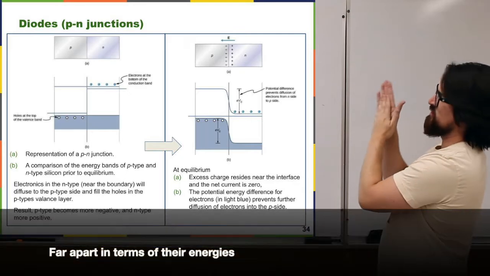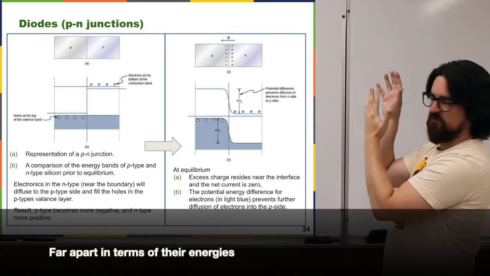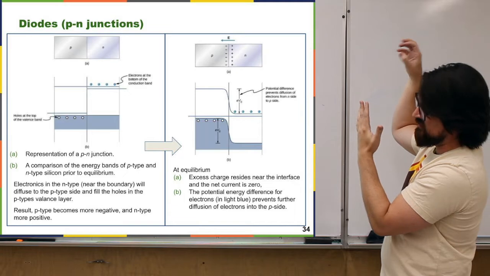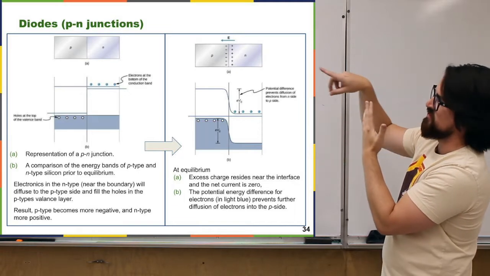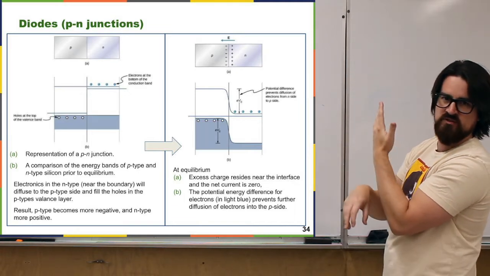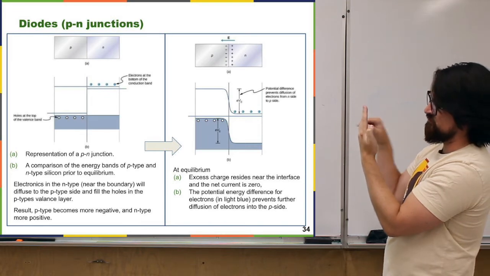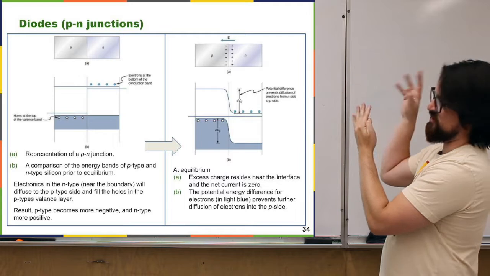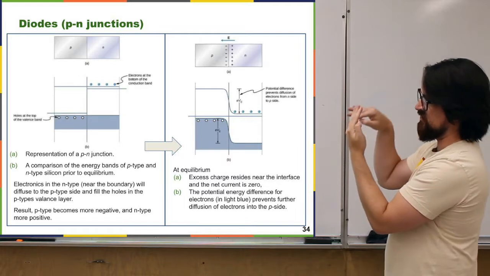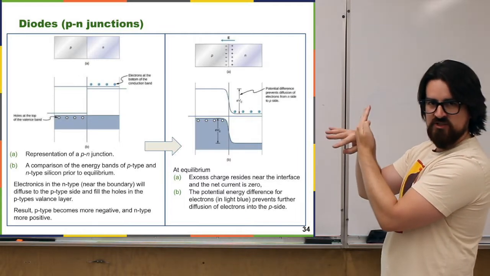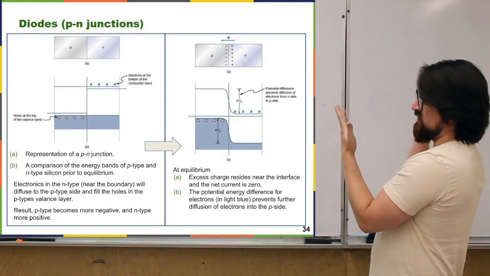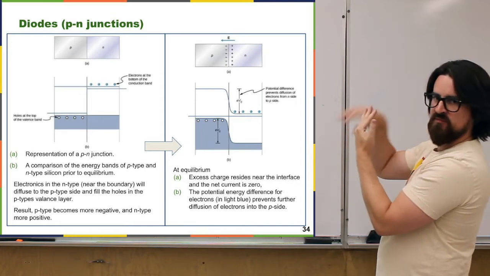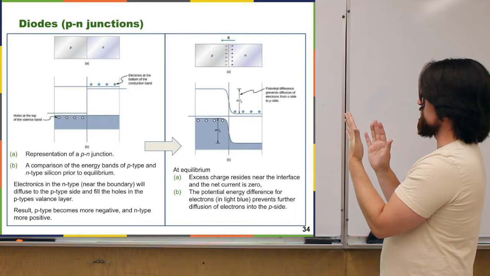But right at that boundary, there's some diffusion of the electrons from the conduction band so that they can drop over into the P-type material and start filling some of those holes. So the result of those starting to diffuse over is that you're making the P-type material more negatively charged overall and taking away the electrons from the N-type. That one ends up becoming more positively charged overall.